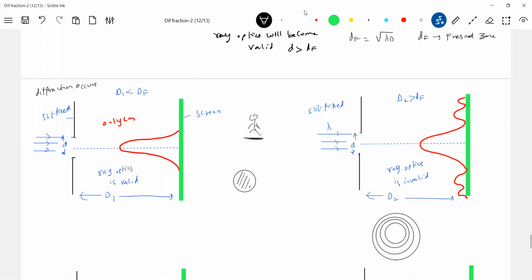If the distance between the lens and the photographic film in the camera or mobile is greater than the Fresnel distance, you are going to see several dotted lines. You will appear like a ghost, because these dotted lines are secondary maxima and minima.